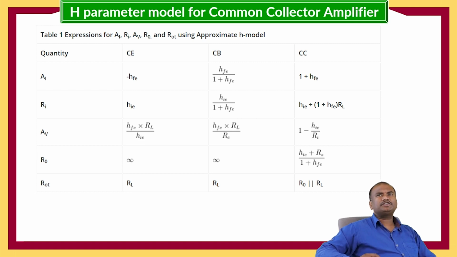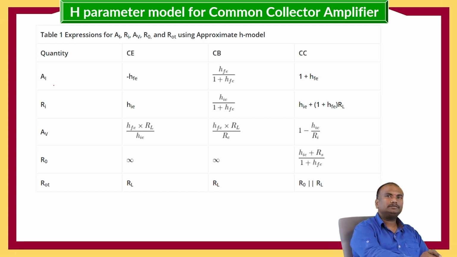And these are the expressions for the H parameter model equations in common emitter, common base and common collector configurations. The current gain is equal to minus HFE in the common emitter configuration, HFE by 1 plus HFE in the common base configuration, and 1 plus HFE in the common collector configuration.